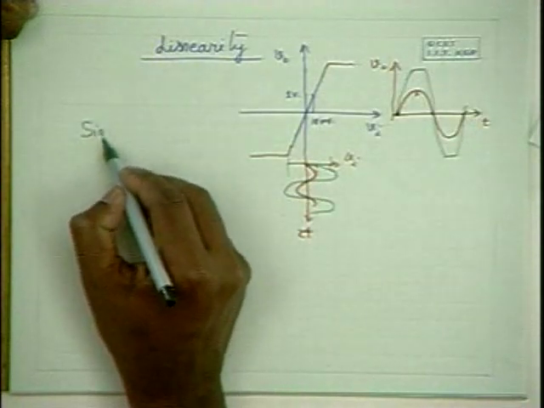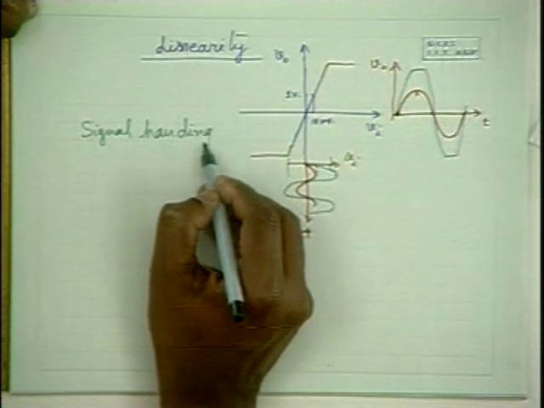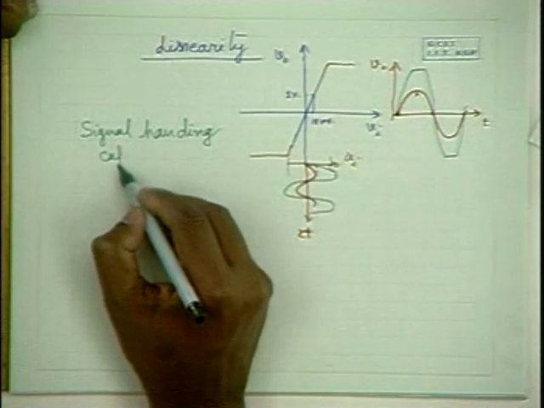Can such amplifiers accept a signal of any voltage? So the input capacity is fixed. Therefore, there is something known as signal handling capacity. The signal handling capacity of an amplifier is fixed.